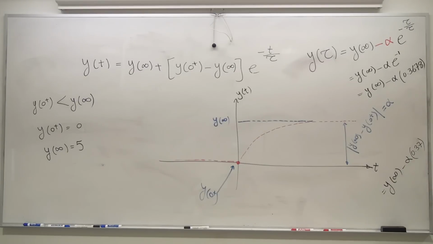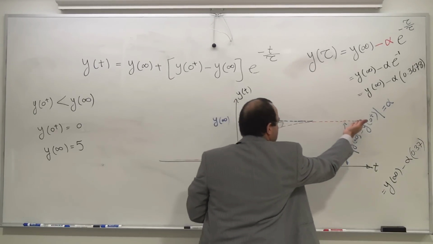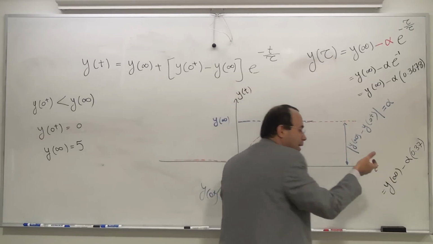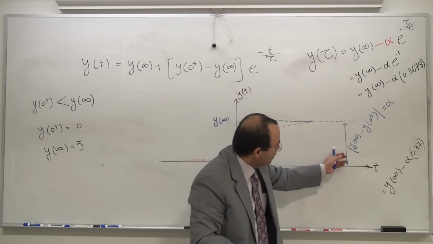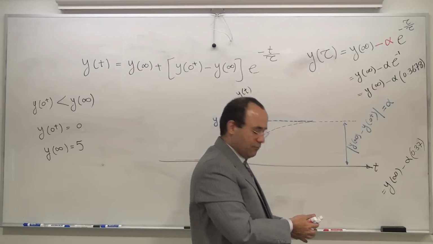You are an engineer and you're supposed to make sense of the numbers. Now this is y of infinity. Alright? You are telling me find the gap 37% less. That's what you're saying, right?